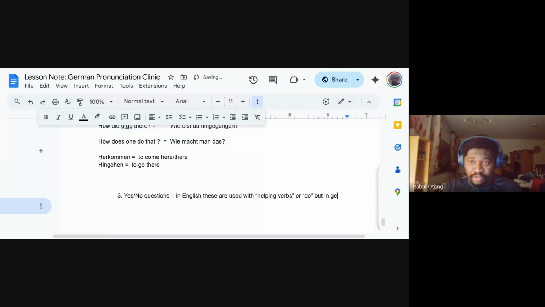In German, we ignore the helping verbs and do.